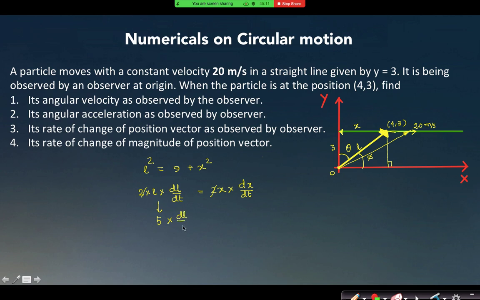I do not know. I have to find this one only. And what is x at this instant? 4. And what is dx by dt? 20. From this expression, can I find the rate of change of magnitude of position vector?